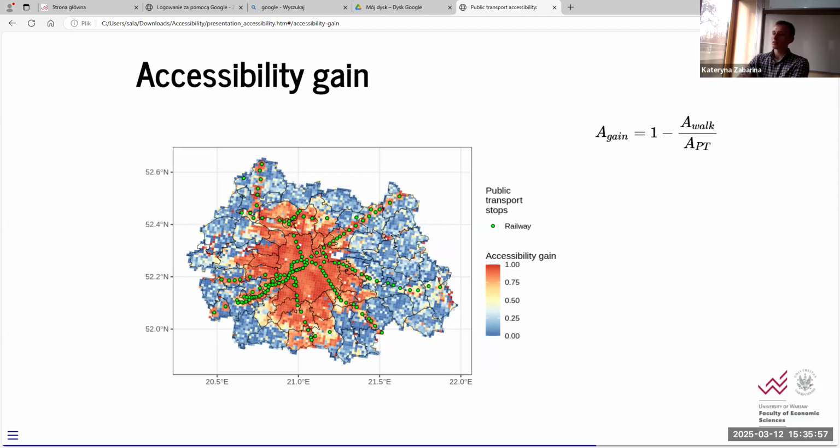And this index shows how much the existence of public transport increased the accessibility in relation to the situation when you have to only walk to the destinations. And the map corresponds more or less to the area of operation of public transport providers.